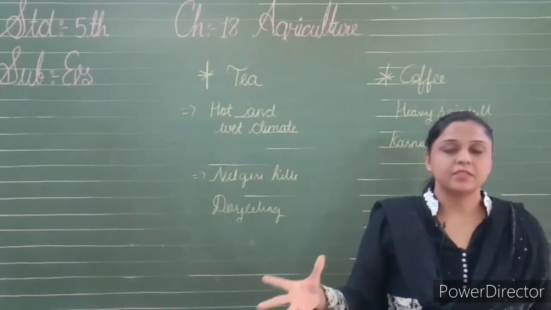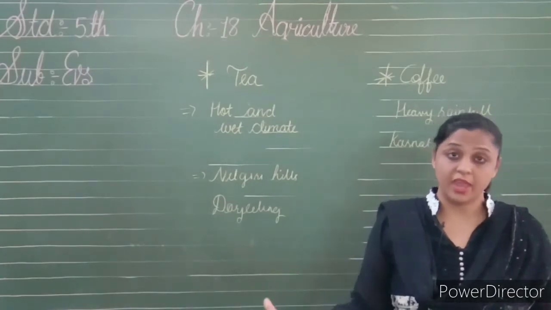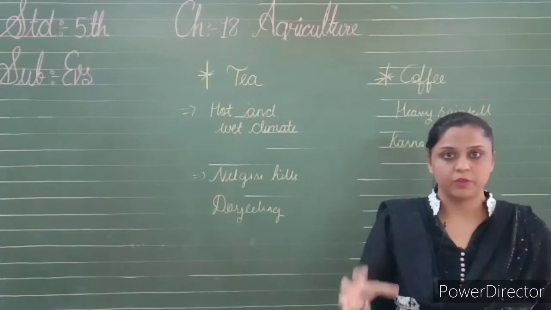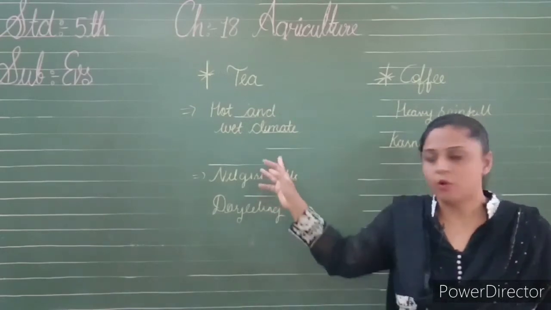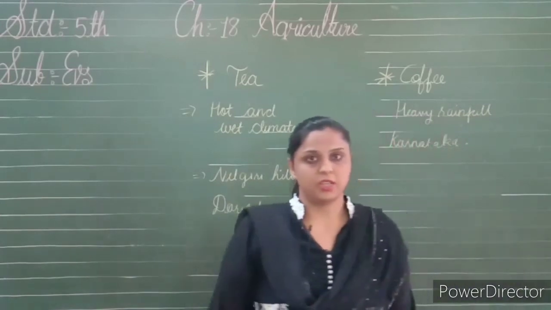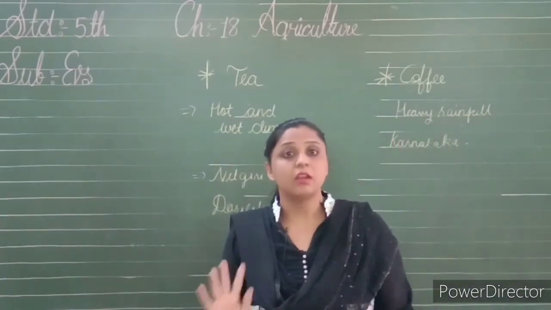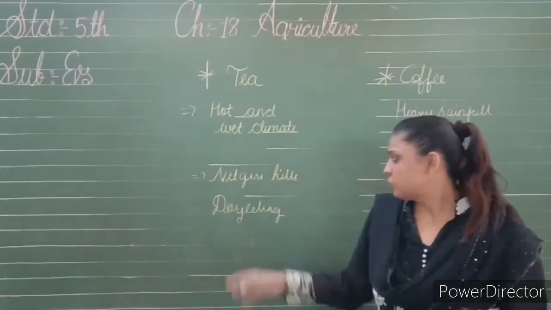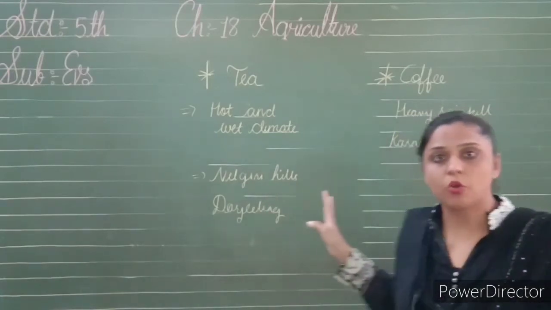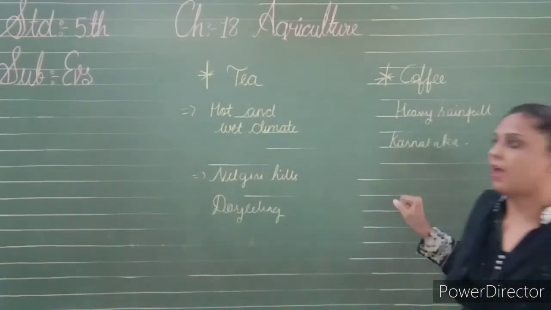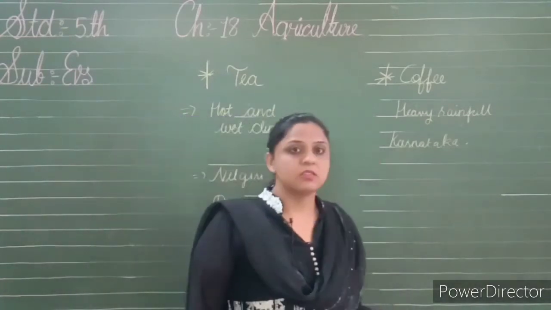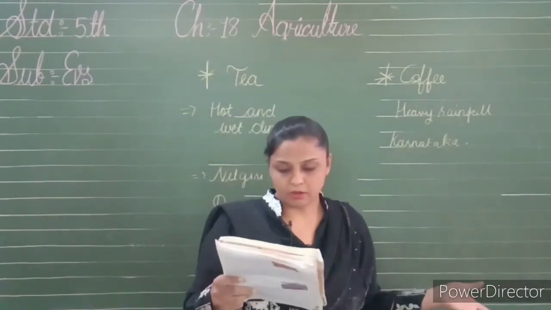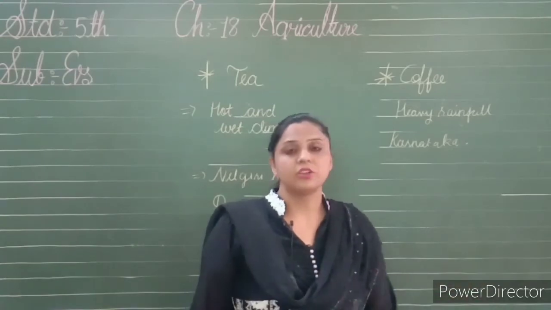A wet climate means air where there is moisture. जिस एयर में थोड़ा सा पानी का लेवल, मॉइस्चर, ज़्यादा हो, वहाँ पर टी ग्रो की जाती है. There are tea farms in Darjeeling. Now we will see coffee. Coffee needs heavy rainfall. It is grown in South India, mostly in Karnataka, Kerala and Tamil Nadu.